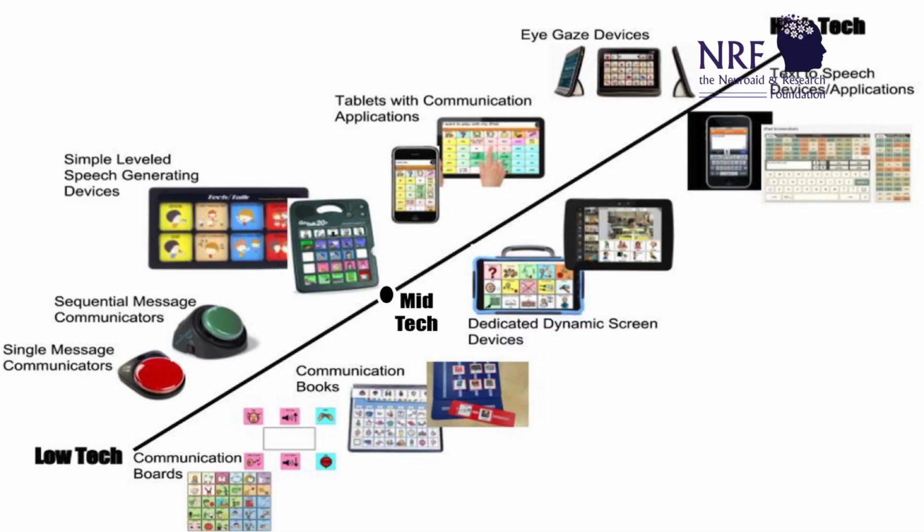Now if you look at this picture, you can see the flow from low-tech to high-tech AAC. Low-tech starts with very basic types of communication using communication boards, communication rings, picture exchange system, moving on to mid-tech devices, dedicated dynamic screen devices, and then going to high-tech communication aids like eye gaze and text-to-speech devices.